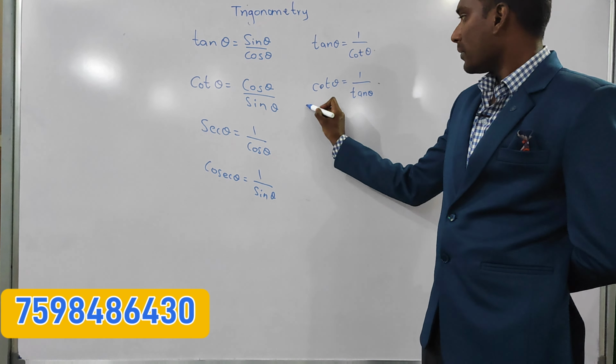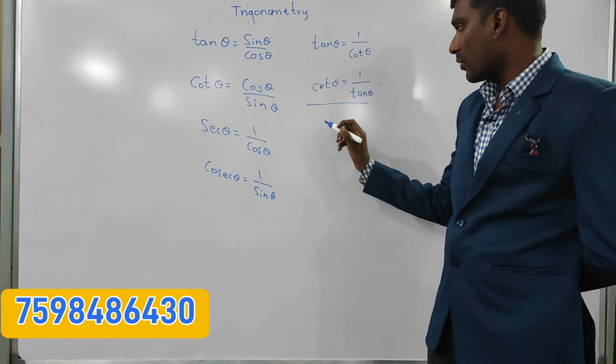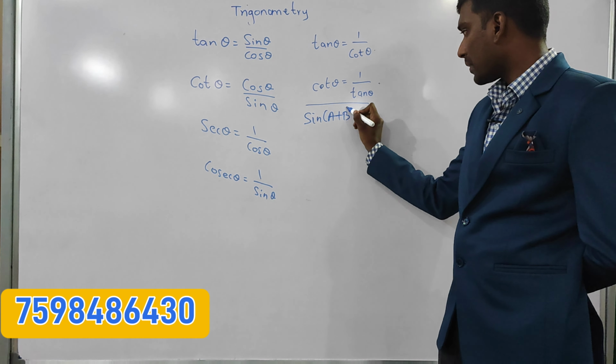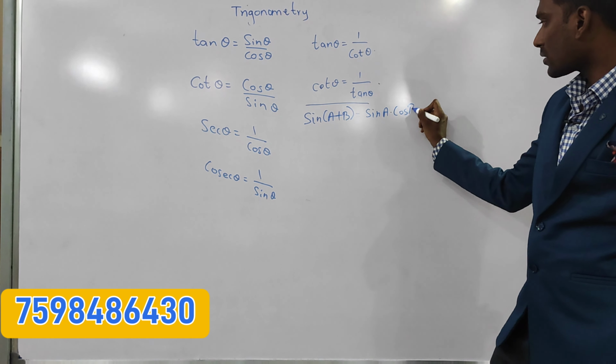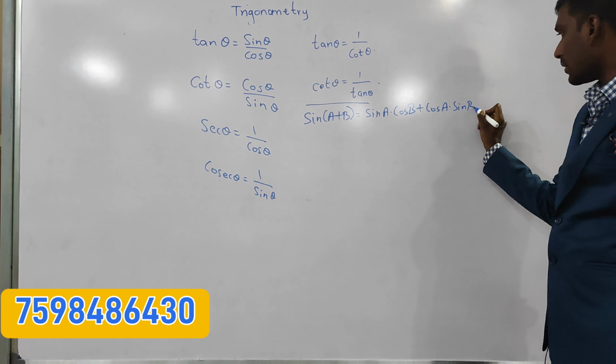Next, you have for example a plus b formula. Okay, you can take down this formula. Sine of a plus b is equal to sine a cos b plus cos a sine b.